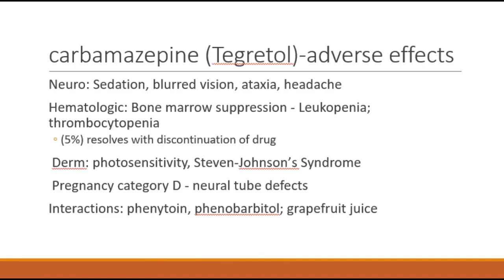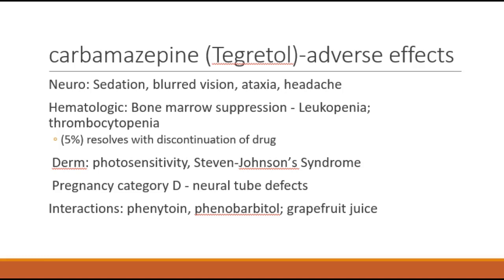Okay, some adverse side effects with carbamazepine, or Tegretol. Of course, we're going to have the neuro side effects: sedation, blurred vision, ataxia, headache. Not horrible, but they're there. Then the hematological ones: you're going to get some bone marrow suppression, so leukopenia, thrombocytopenia.